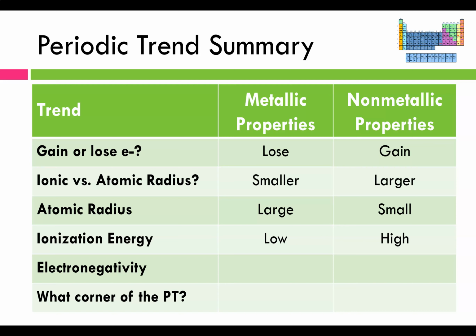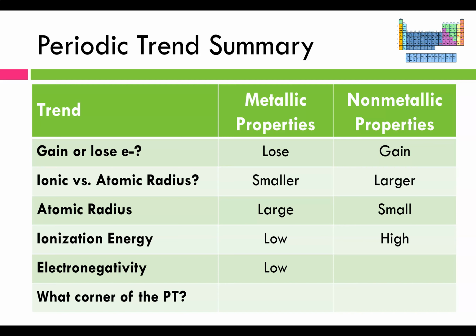Non-metallics are going to have high ionization energy. Those atoms are small. The valence electrons are held pretty tightly, so you need to put a lot of energy in to rip away an electron. Electronegativity is talking about how an atom will attract electrons to itself in a bond. Well, metals can barely attract their own electrons, so when bonded to something else, they have very weak ability to attract electrons to themselves.